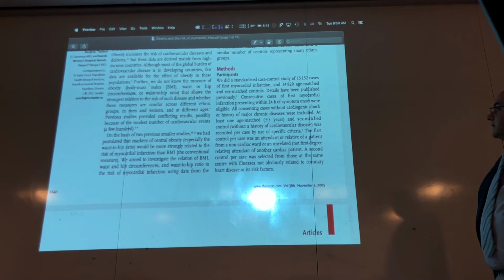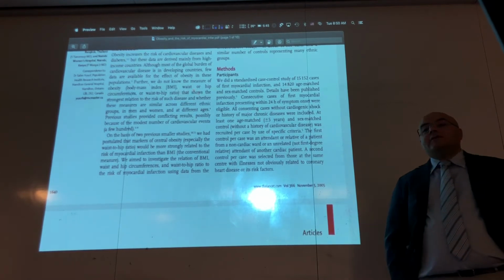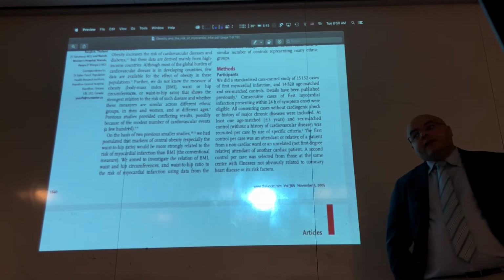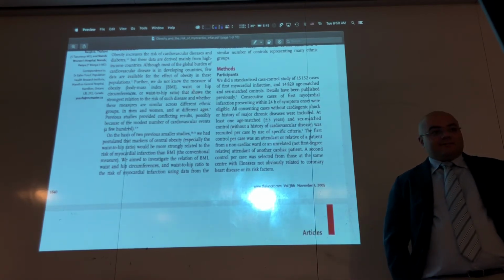And then you see here a second control. So here is the second question: how many controls did they choose per case? Two, right?